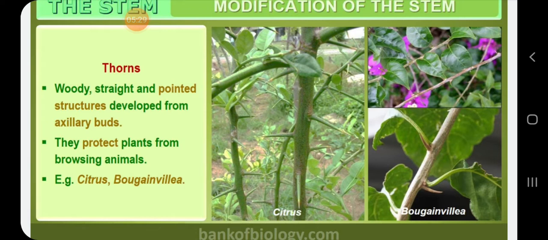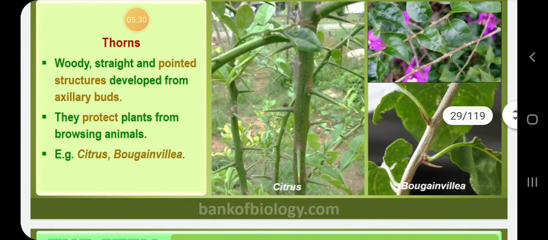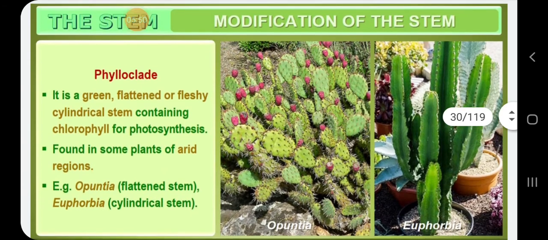They protect plants from browsing animals, and this is mainly for the protection of the plant. For example, citrus, like lemon plants, are having thorns. Bougainvillea also has thorns, and these are modified for the purpose of protection.